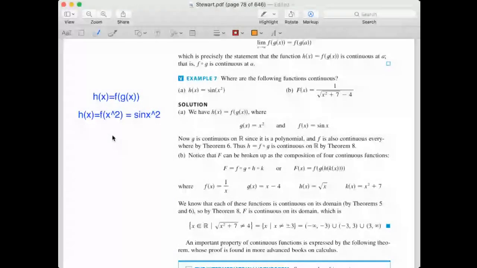So the idea is in this line: h of x becomes f of g of x, and f takes g of x as input. g of x is x squared, so f takes x squared as input. Then f itself is sine, so sine x squared. That's the process.